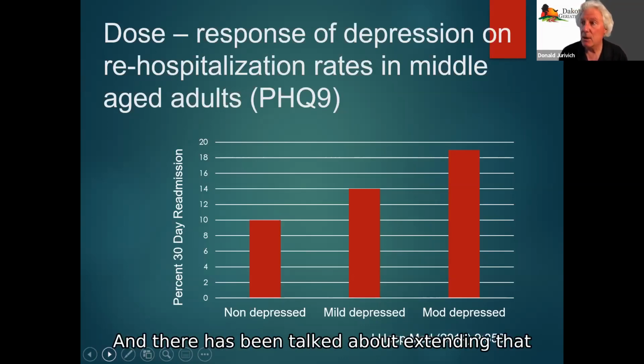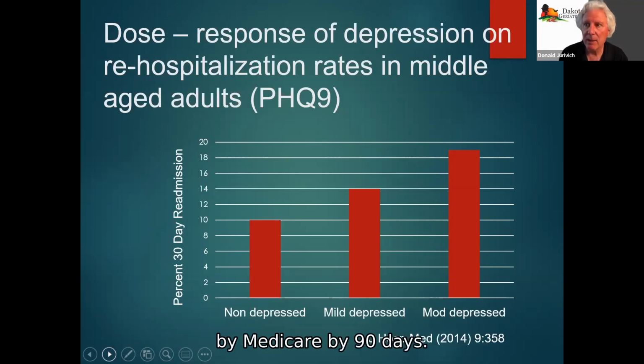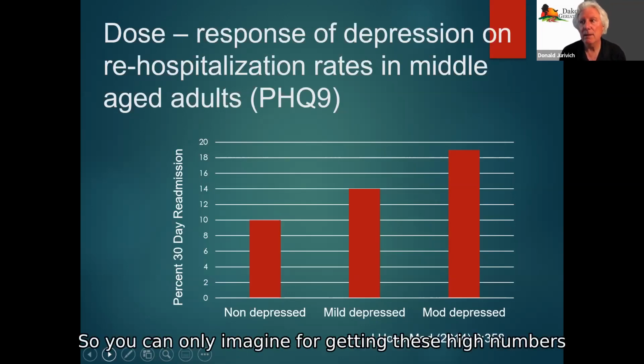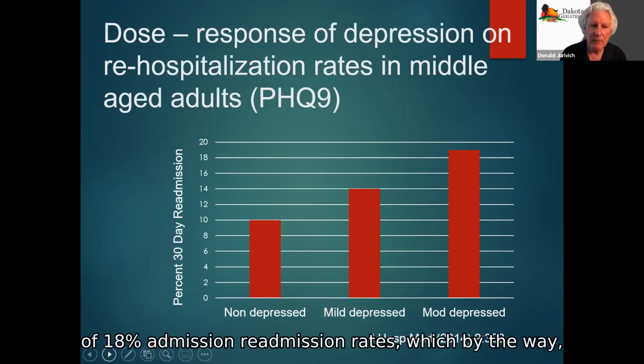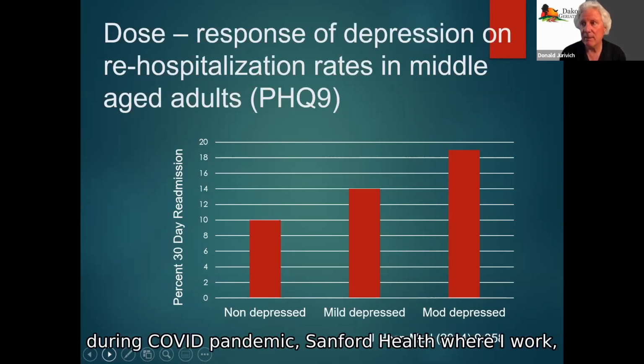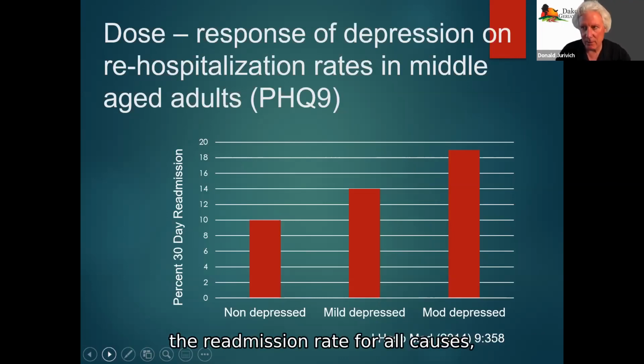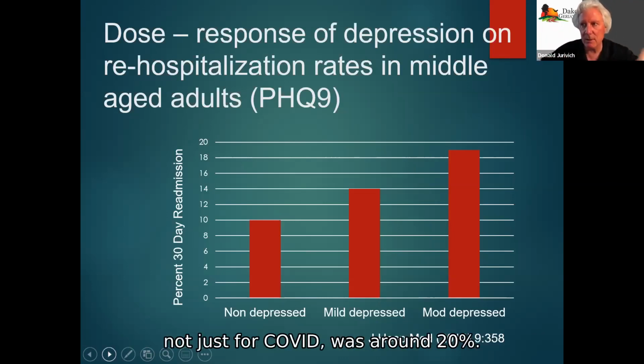And there's been talk about extending that by Medicare to 90 days. So you can only imagine, if we're getting these high numbers of 18% readmission rates. Which, by the way, during the COVID pandemic at Sanford Health, where I work, the readmission rate for all causes, not just for COVID, was around 20%.